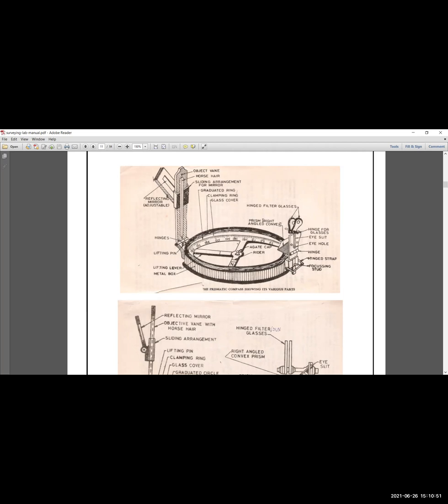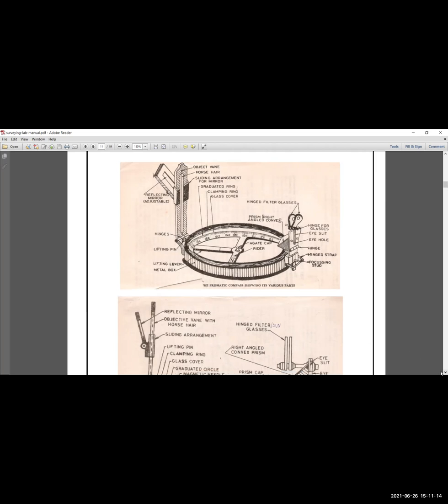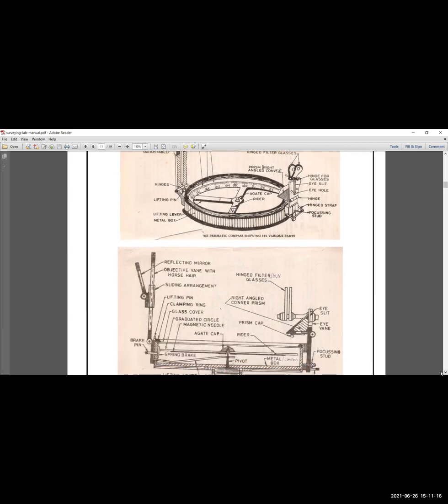Here a sliding arm. Here a graduated ring. This is the clamping ring and this is the glass cover over the graduated ring.